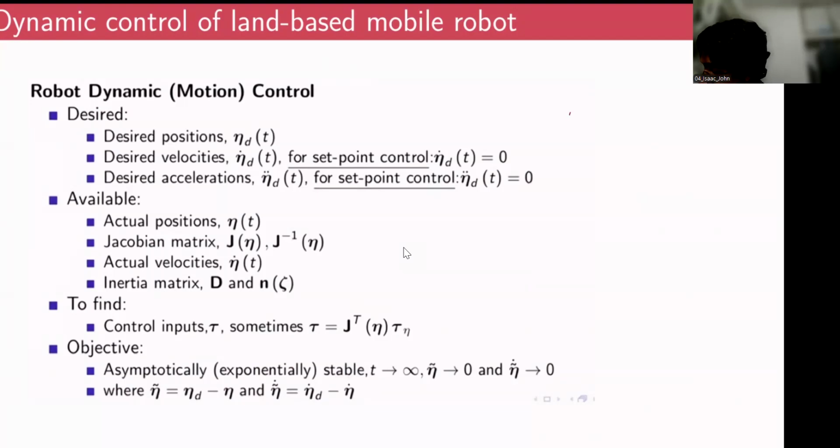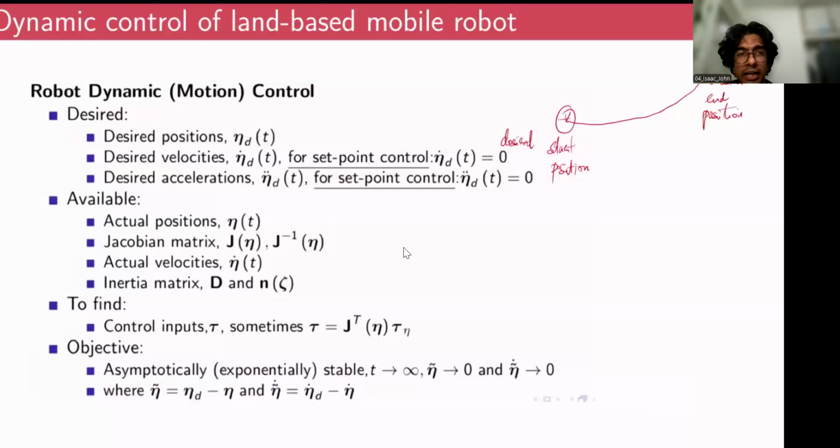If you have a start position, and you follow a particular trajectory, and you have a desired end position, this entire trajectory can be described by eta desired of t, the position coordinates, eta desired dot of t, velocity coordinates, and eta desired double dot of t, the acceleration coordinates.